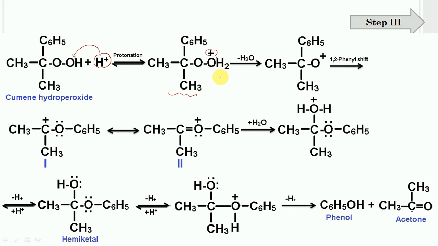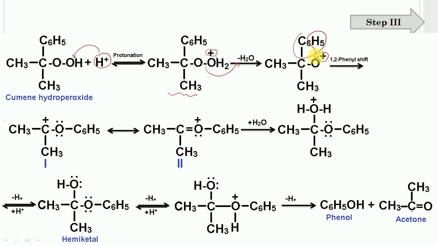In the next step, this protonated cumene hydroperoxide will lose a molecule of water, and it can give an intermediate carbocation. So in this case, this oxygen is electron deficient, so it acquires a positive charge.